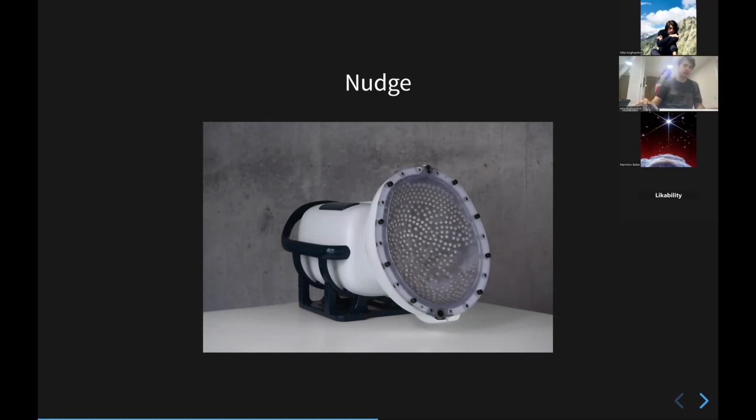I read this article about scientists discovering a new helmet targeting neurons, and this helmet helps patients with schizophrenia or PTSD. What's the difference between this helmet and this Nudge that you talked about?